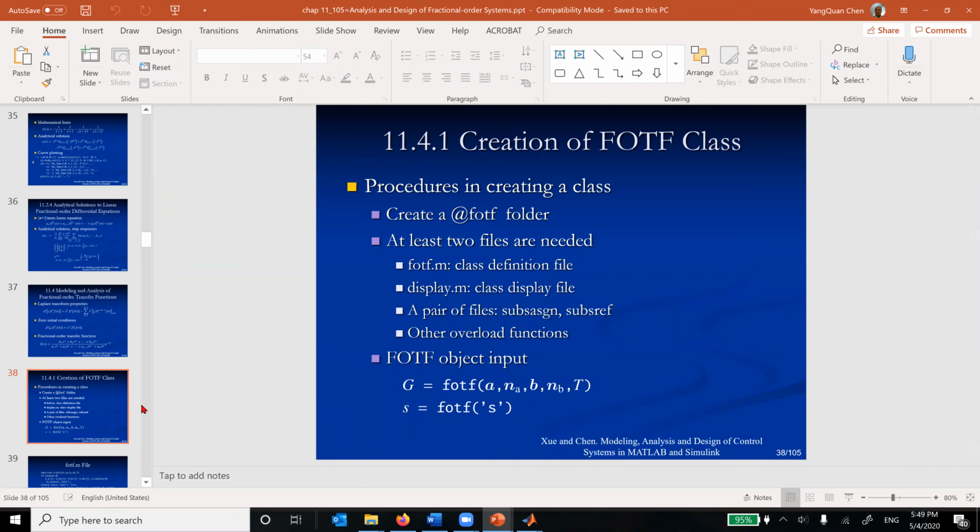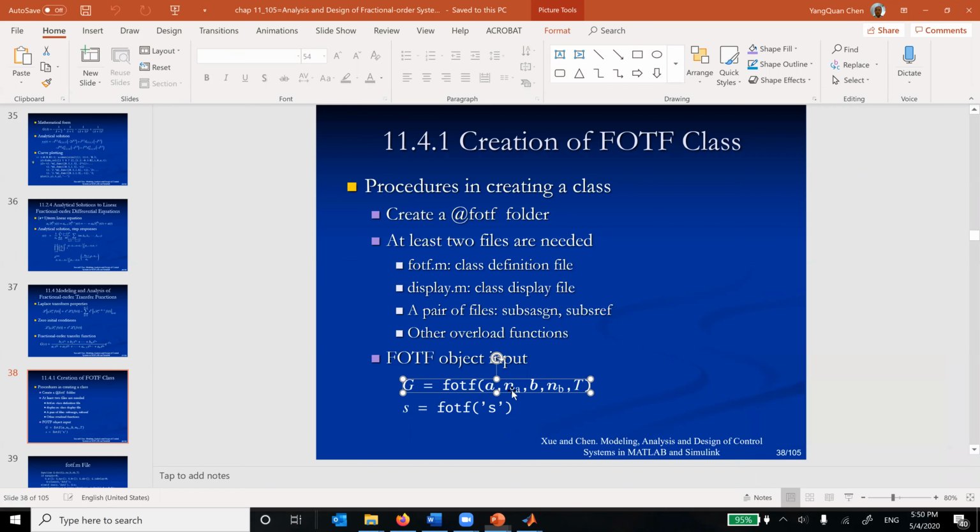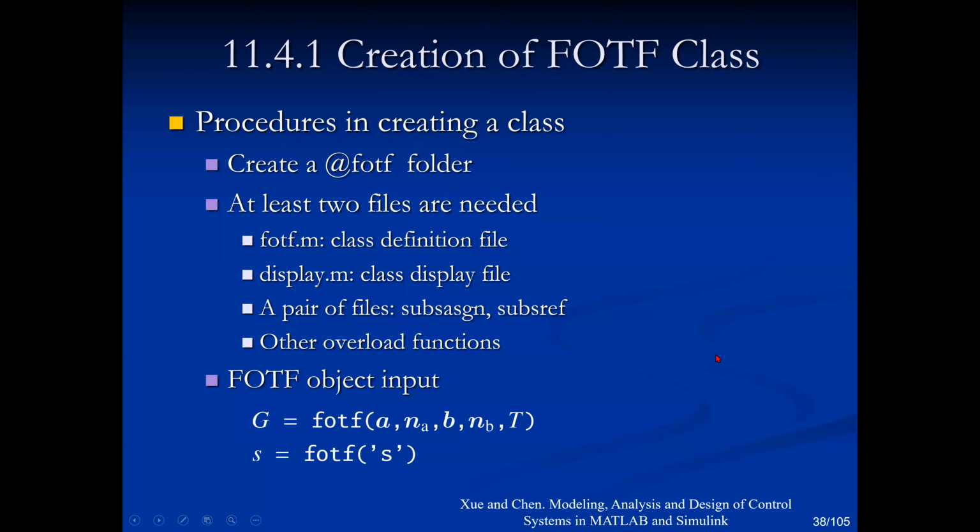So here, Professor Xue said, we need something similar. So for the user, you only care about your coefficient array A, array B, and your order NA. So let me show you an example.